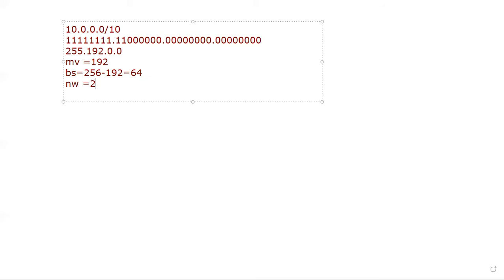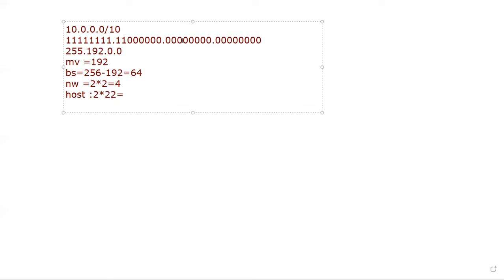Number of networks is 2 raised to power 2, because after 8 we have added only 2 bits. Understand? 2 raised to power 2 is equal to 4. Networks are 4 only. Hosts: 22 bits, so 2 raised to power 22 hosts are there.